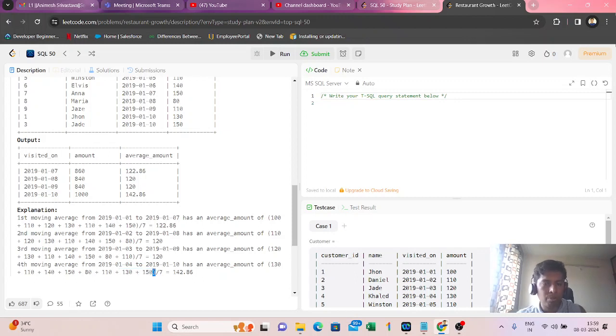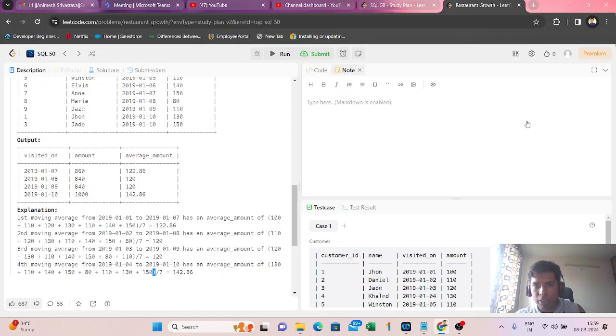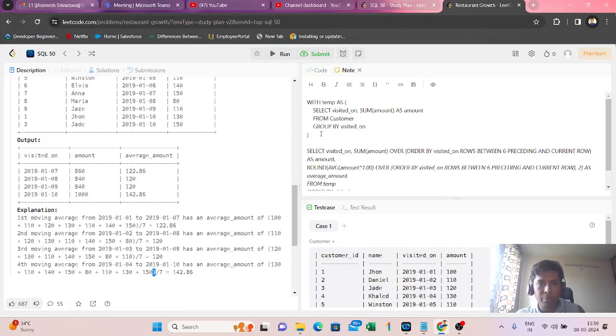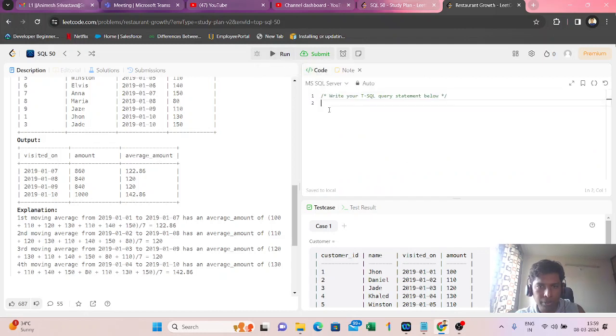So how to tackle that? I have already written a note on this so that we can spend more time on the explanation. First, we will create a temporary table where we do select visited on, sum of amount as amount, from customer, group by visited on.